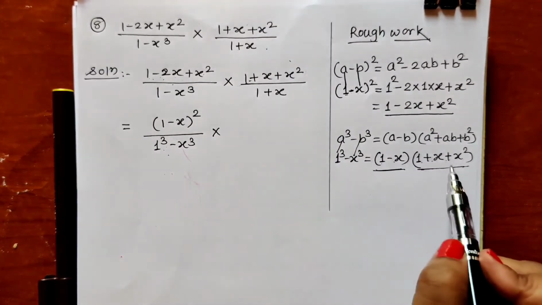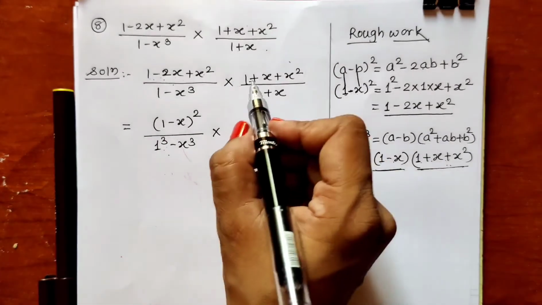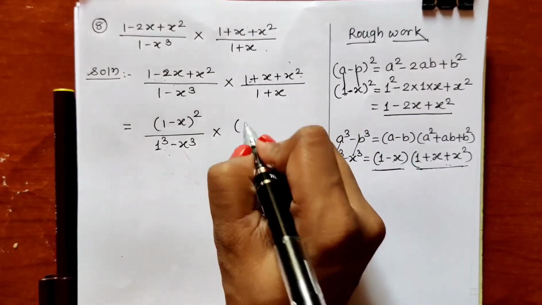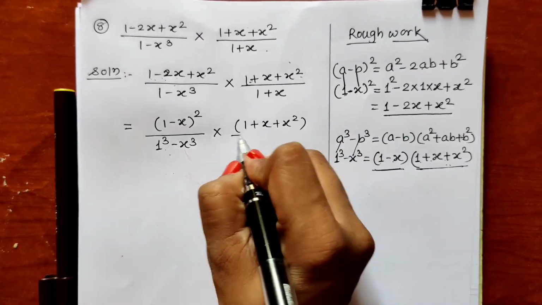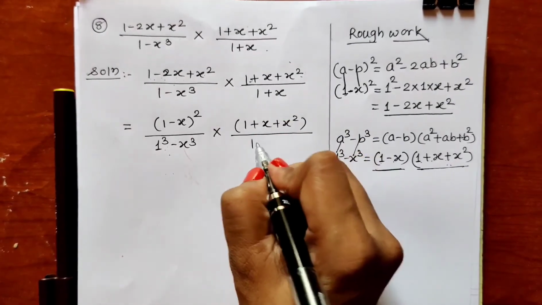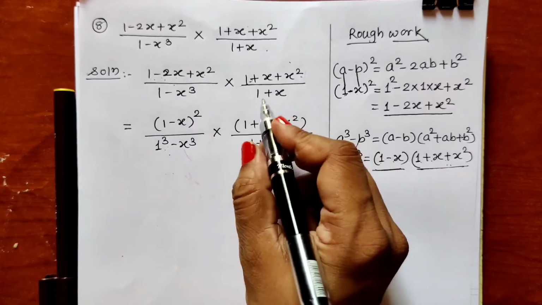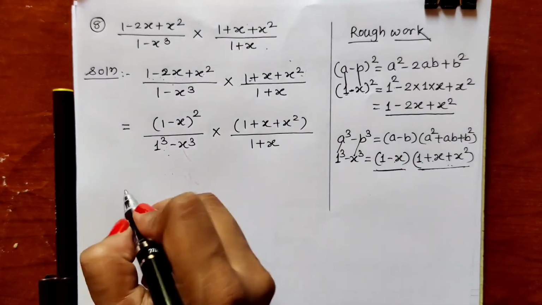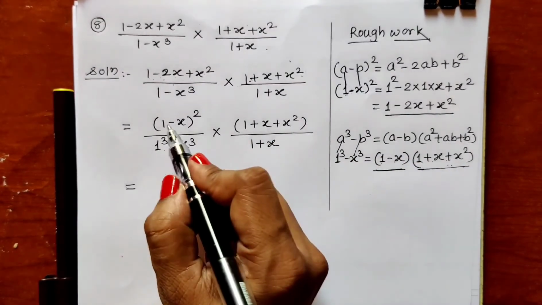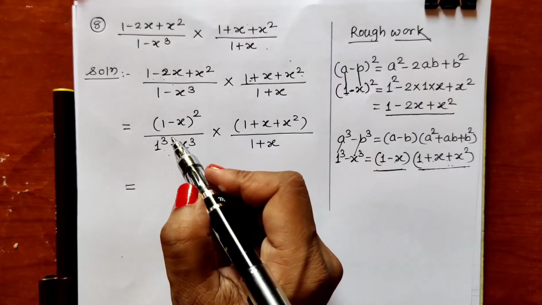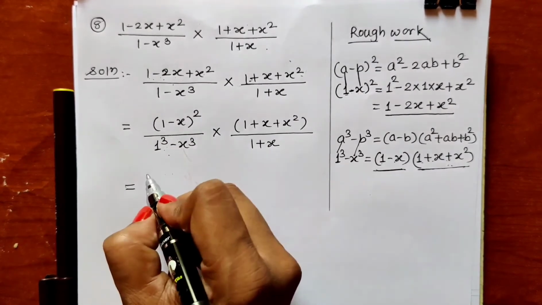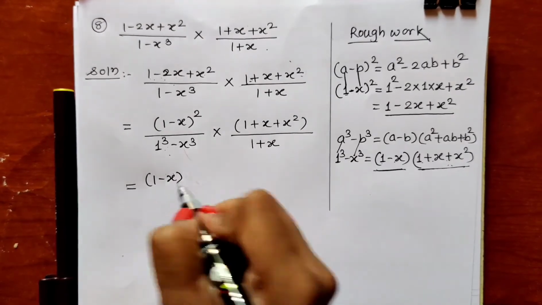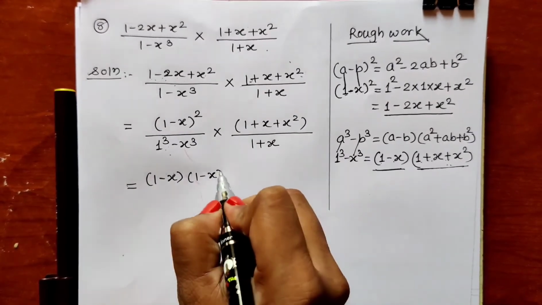So this expression will get cancelled with this. We don't require to do anything here. I am writing the expression inside the bracket only, and in the denominator we cannot do anything. 1 plus x we have to write as it is. Now let us see here, (1 minus x) whole square, bracket square means we can write this bracket 2 times, (1 minus x) into (1 minus x).